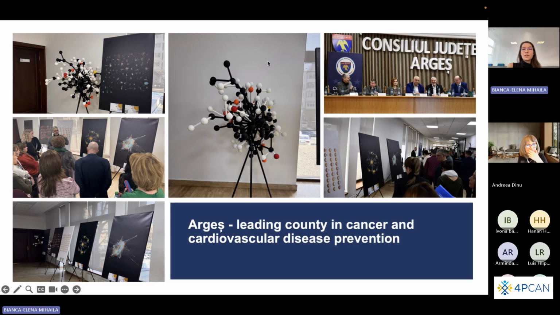And you can see here, as far as I know, Julian told you about the link tracing network, and we tried to recreate the link tracing network from the 4P-CAN project in a 3D manner, and it was a really nice visualization of the nodes and the links between the nodes.